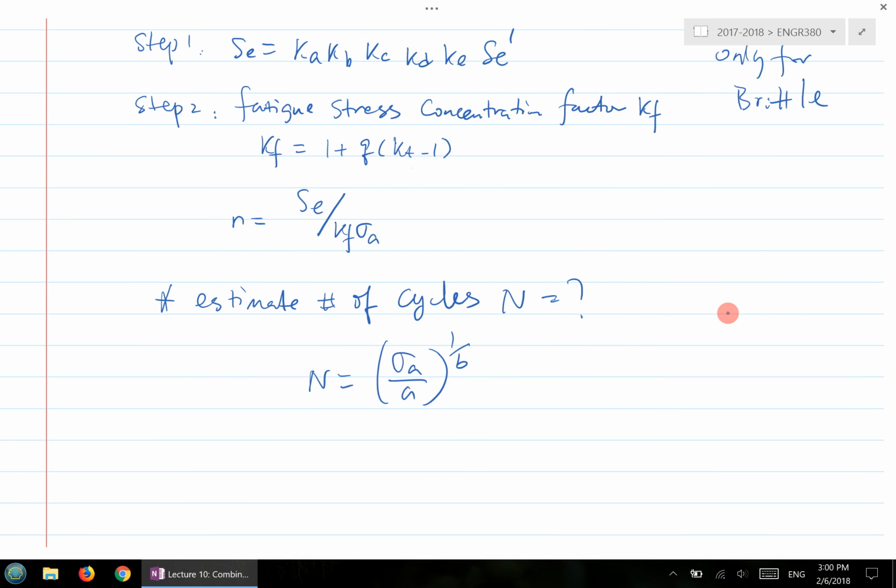And then also, I'm not sure if there's one assignment question I can remember clearly. The other direction that could be asked is, you are given a certain life, and then you will be asked what would be a suitable force, for example, not a torque, to give you that type of life.